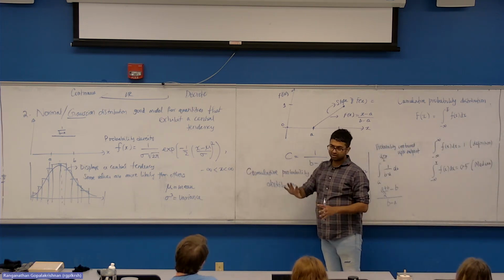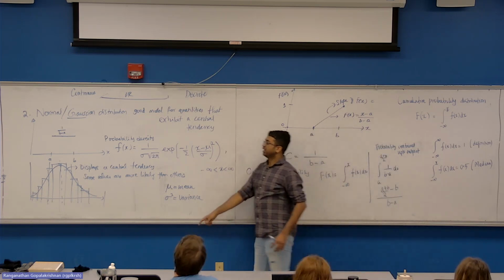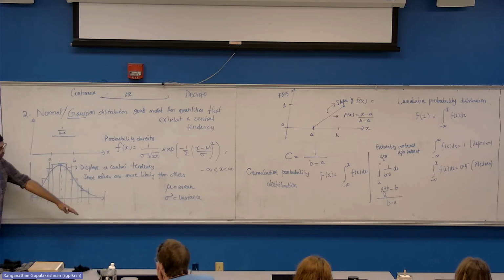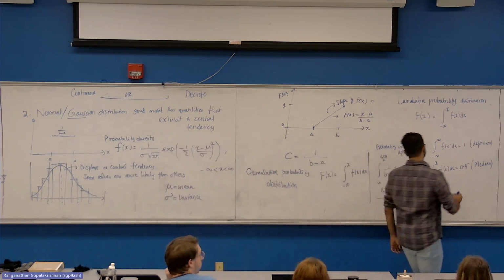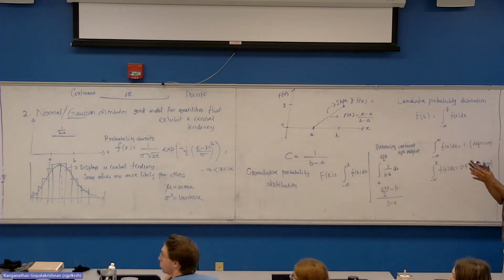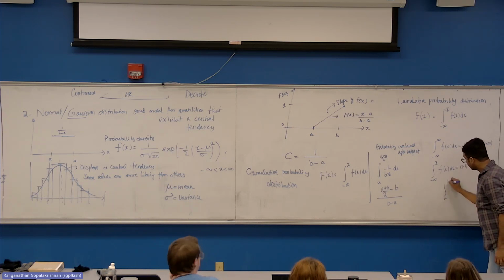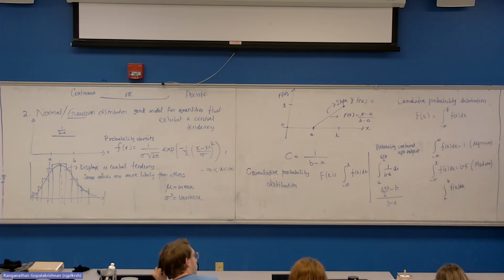Is the question making sense to you? Okay, this is the distribution. It follows a bell curve. X can vary from minus infinity to plus infinity. Where do you locate the value of x which divides that graph into two exact halves? So in general, what is the integral from a to b of f of x dx? When you're doing integration, that is the area under the graph, right?